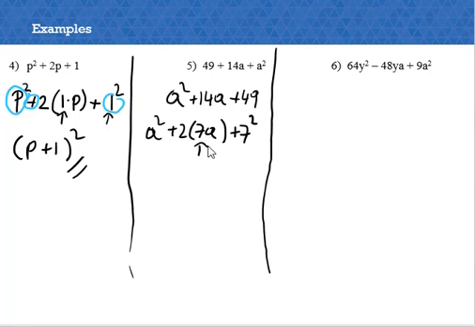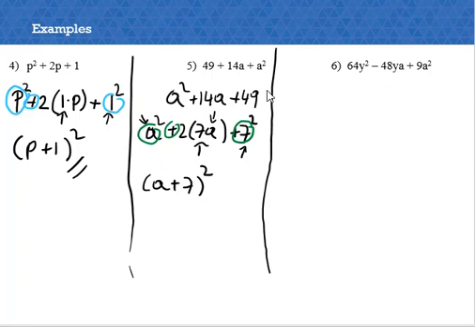So we have 7 here, and then we have also a here, so it's a perfect square. So we are going to use a plus 7. So we get a plus 7 squared.